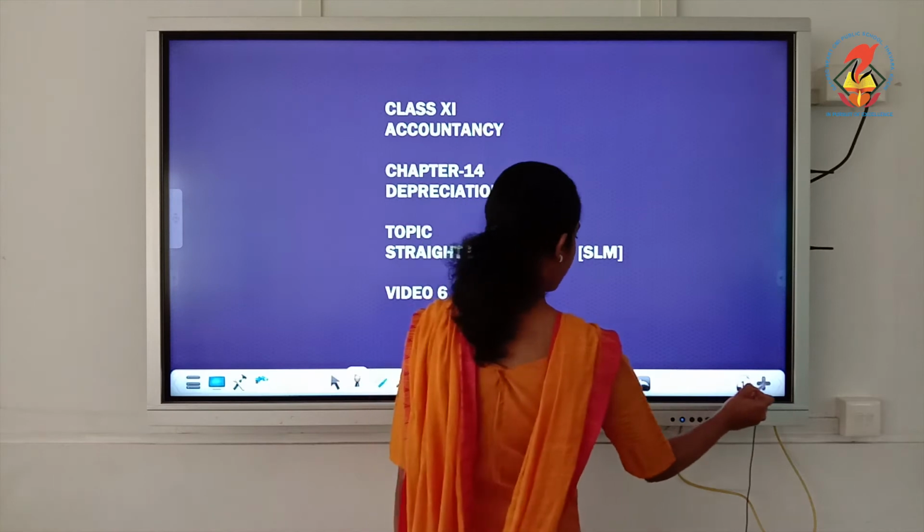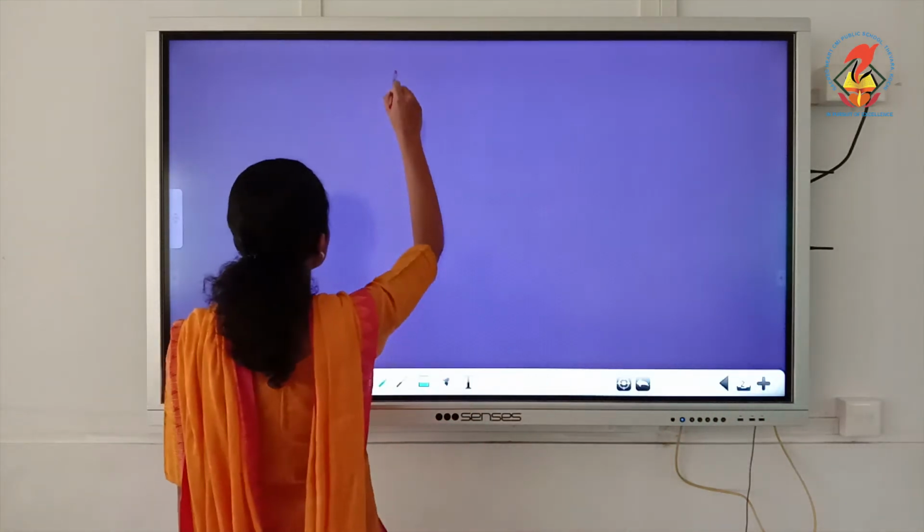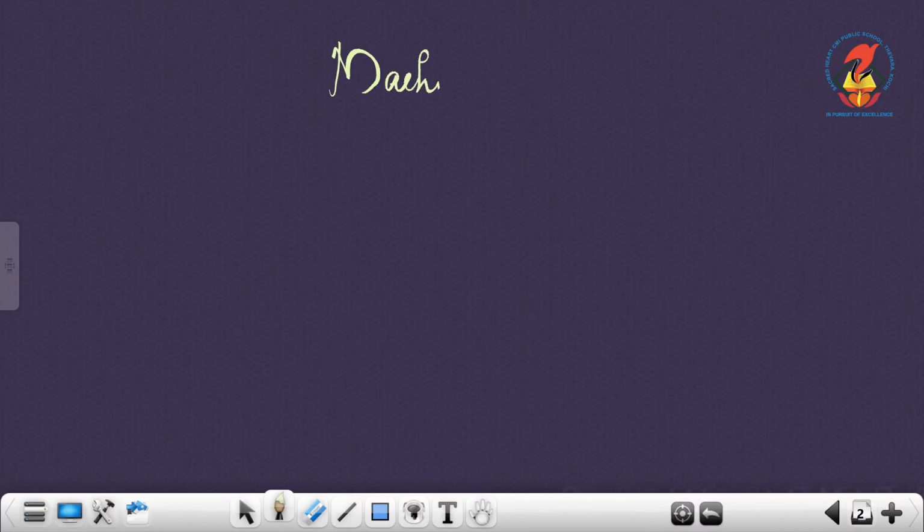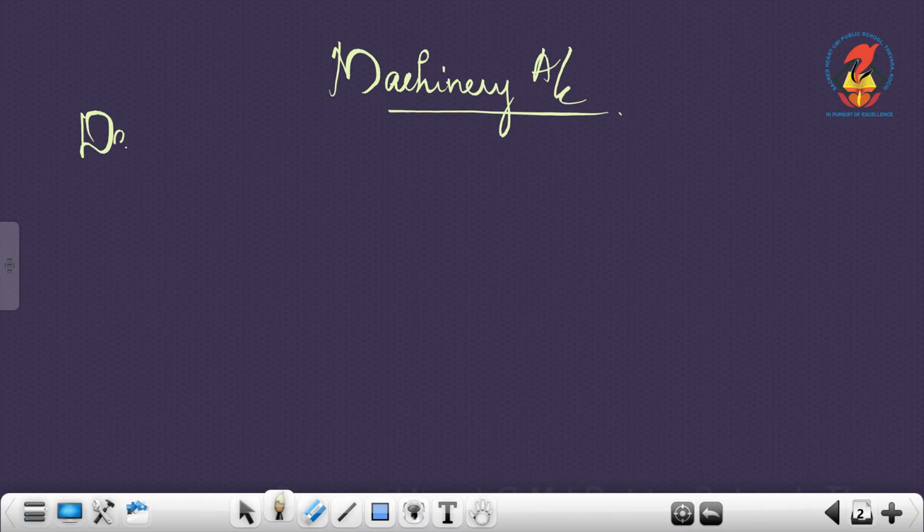Draw the format of machinery account first. Column headings also you must write always.